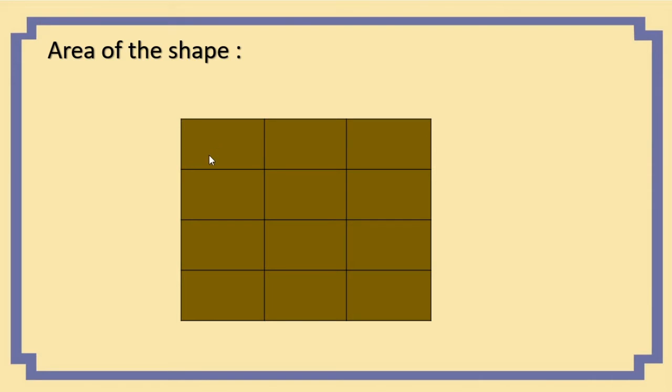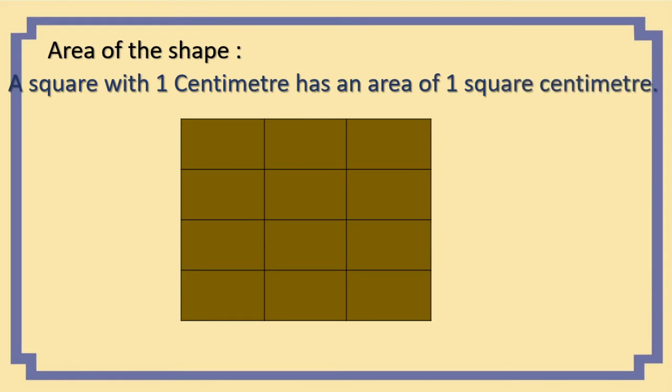Now to find out the area of this rectangular piece of paper, let us count the number of squares with sides of 1 centimeter on the paper. Here we can write like this: a square with 1 centimeter has an area of 1 square centimeter. I will show you.